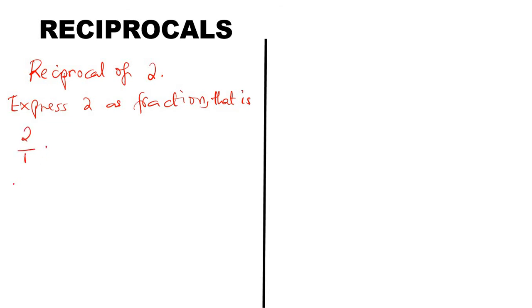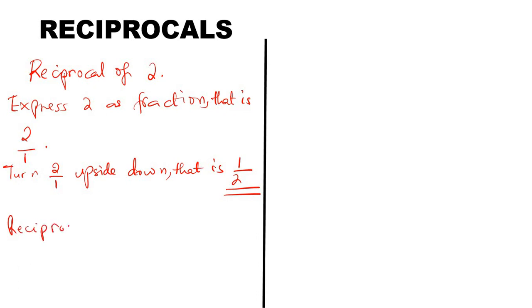Now, turn 2 over 1 upside down, that is 1 over 2, and that becomes your answer. So the reciprocal of 2 is 1 over 2. Is that clear?